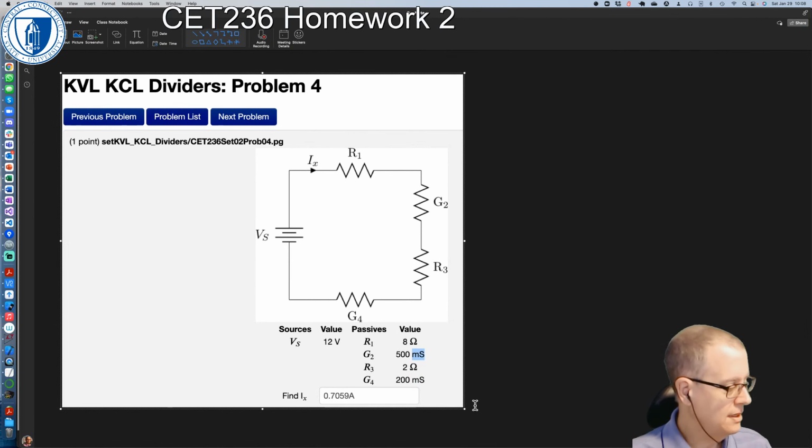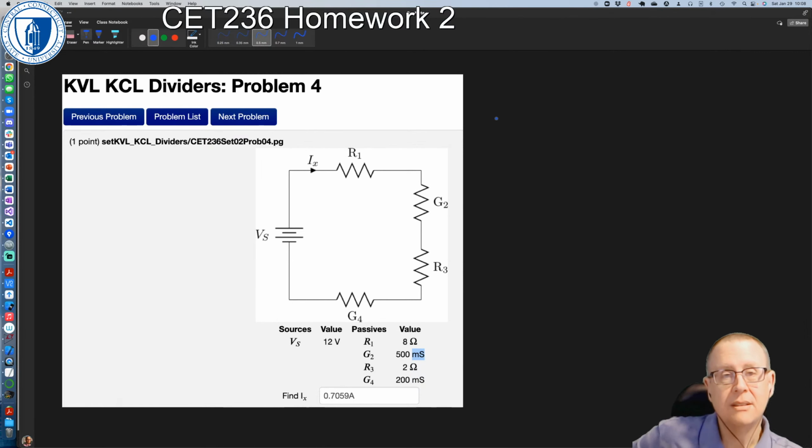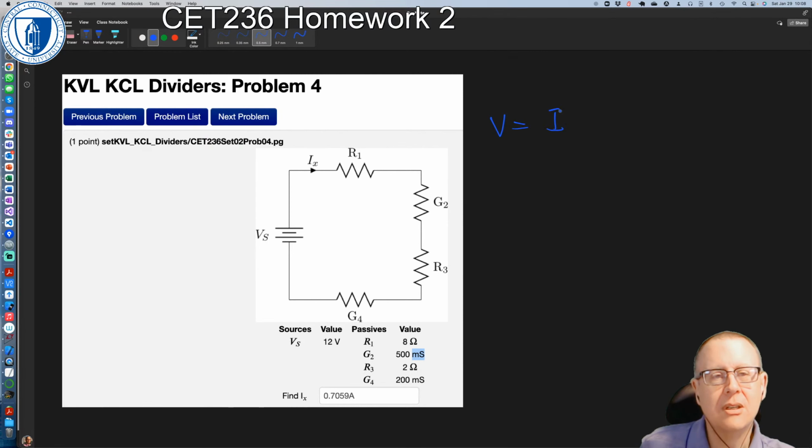So we have to find the total current Ix, and if we had all the resistor values in ohms, it'd be trivial, right? The total equivalent resistance would just be R1 plus, I'm going to call it R2 plus R3 plus R4.